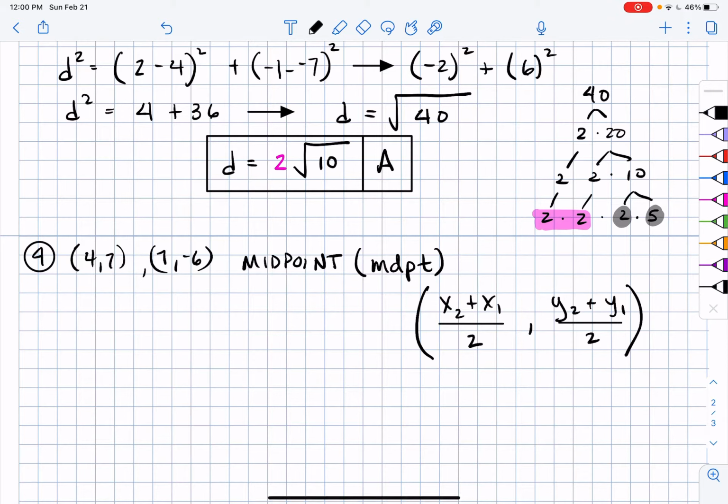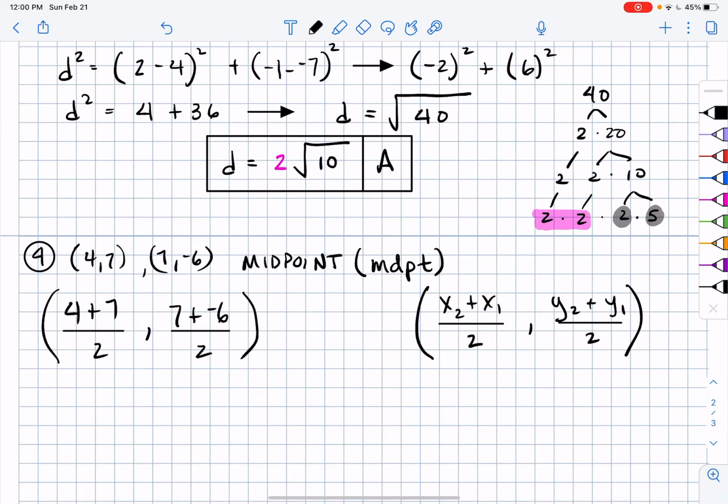So it's kind of like averaging two exams. We would add the two exams together, divide by 2, and you have the average. All right, so that's exactly what I would do. The midpoint here would be 4 plus 7 divided by 2, comma, 7 plus a negative 6 divided by 2 as well.